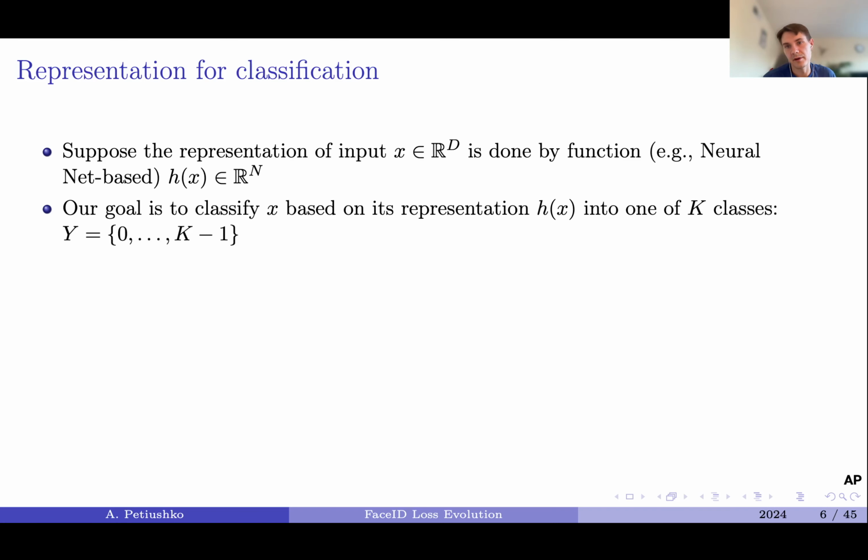And our goal is to classify x based on its new representation h into one of the K classes. And the label set is composed of 0, 1, etc., K minus 1. So K can be 2, can be 3, can be 10,000, can be 1 million. It depends on the task itself.